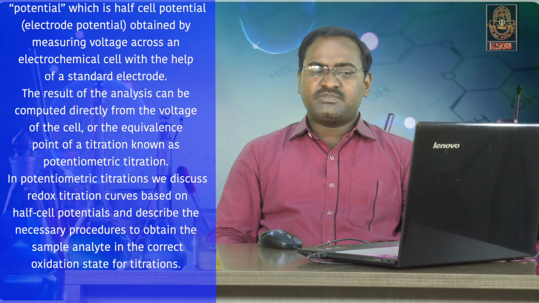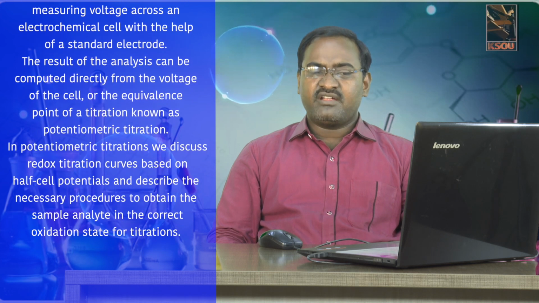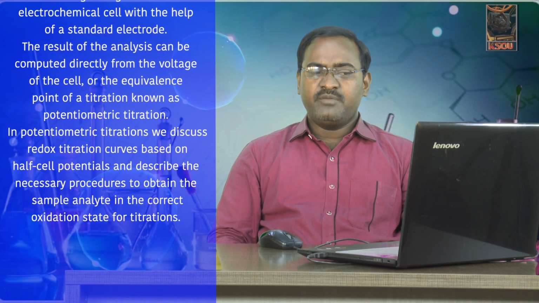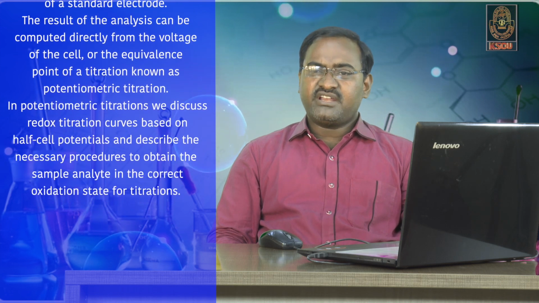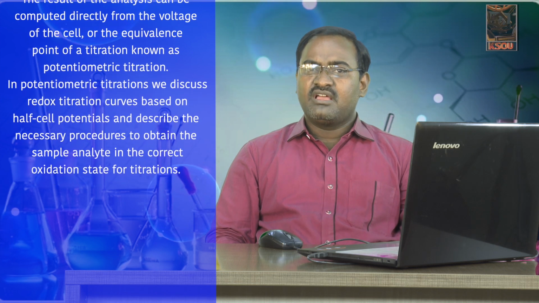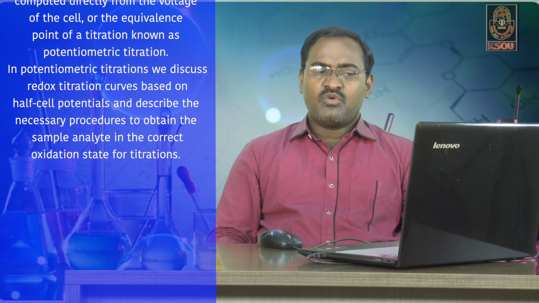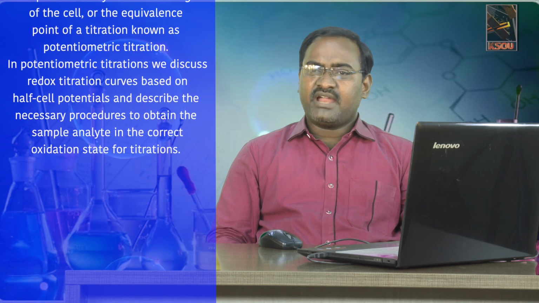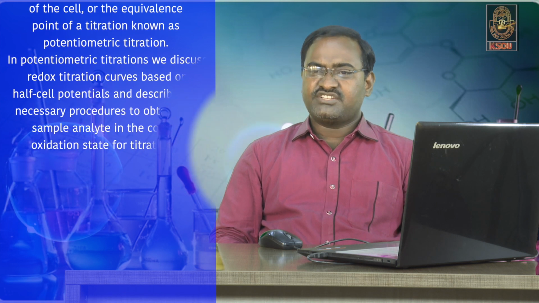Determining the equivalence point of a titration this way is known as potentiometric titration. In potentiometric titration, we discuss redox titration curves based on half cell potential and describe the necessary procedures to obtain the sample analyte in the correct oxidation state for titrations.